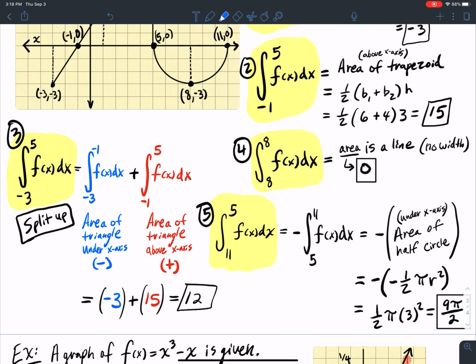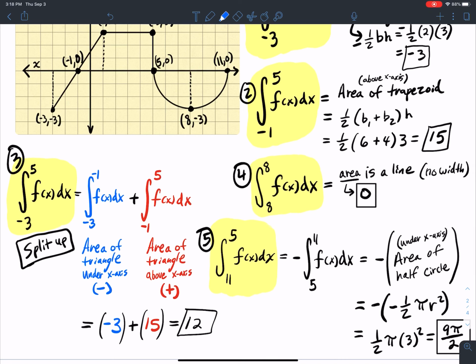Now, what happened? Didn't we say that this area was supposed to be negative? Well, it is negative, but what did we do? We asked for the limits from 11 to 5. And because we did 11 to 5, that caused our answer to become the negative of 5 to 11.